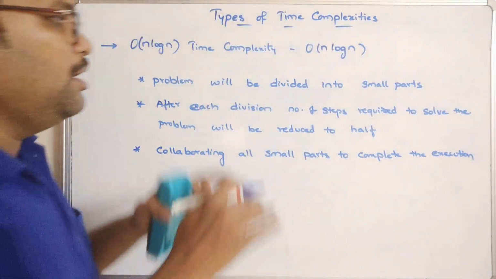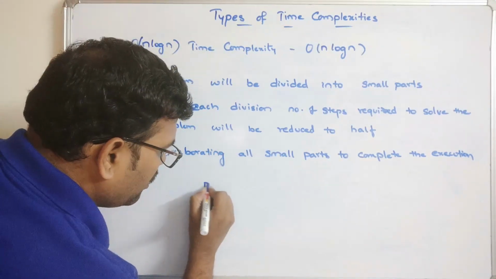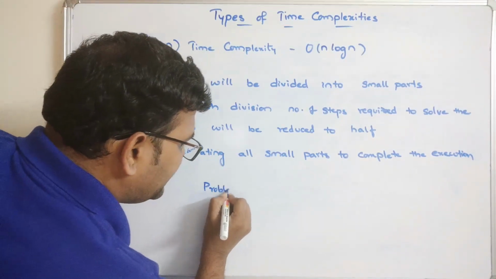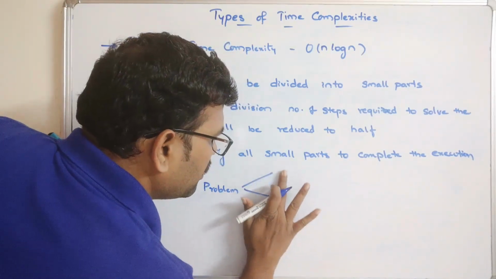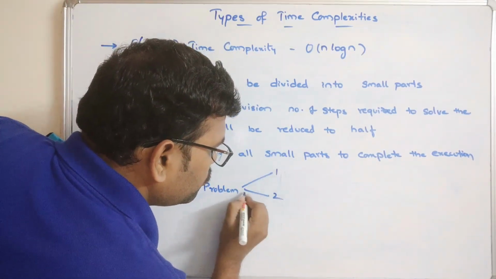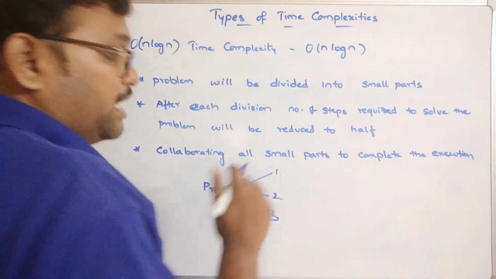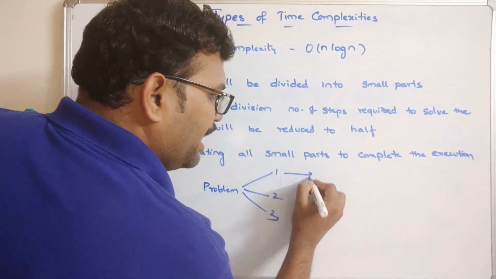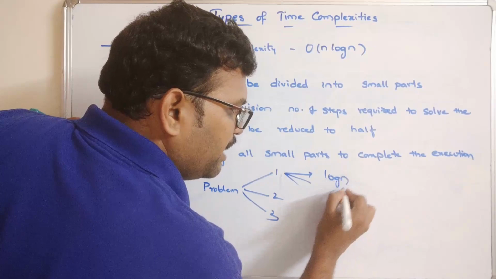For example, one problem is divided into n parts, 1, 2, 3 and so on. Now you can see for each part again it is divided, so for this we will say it as a log n.